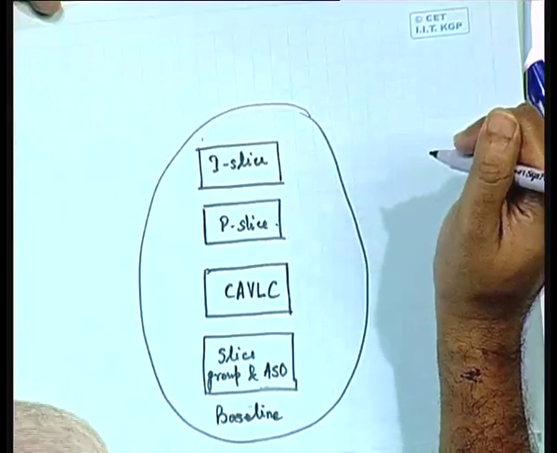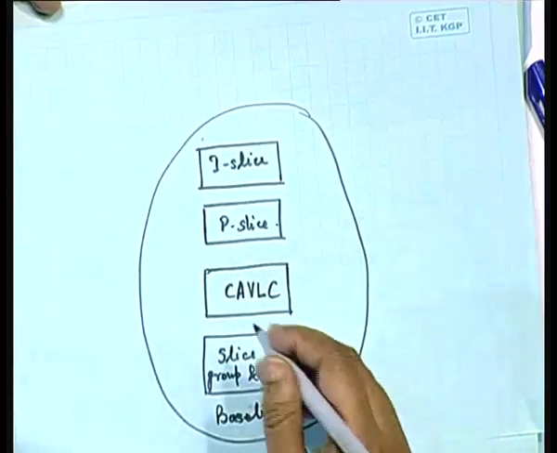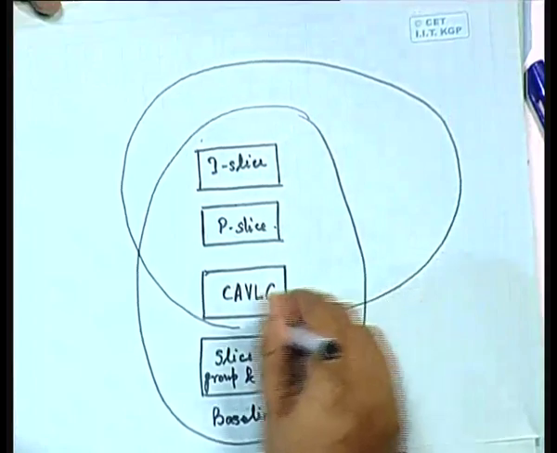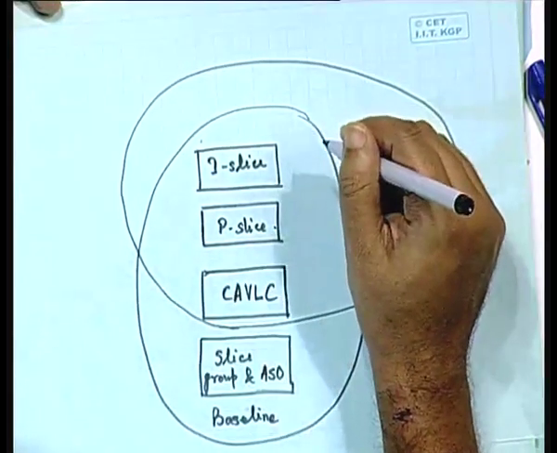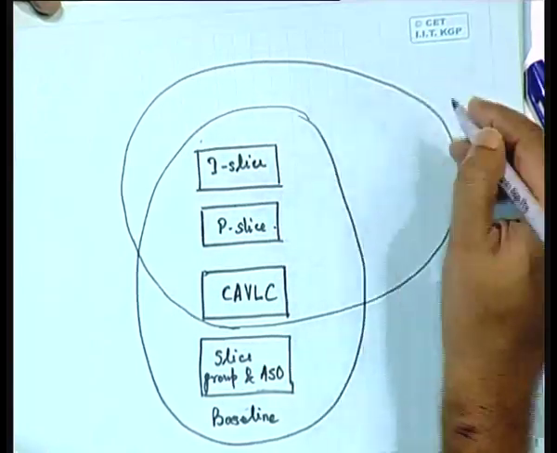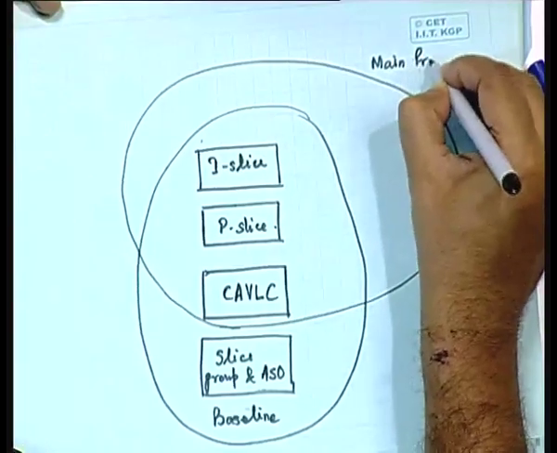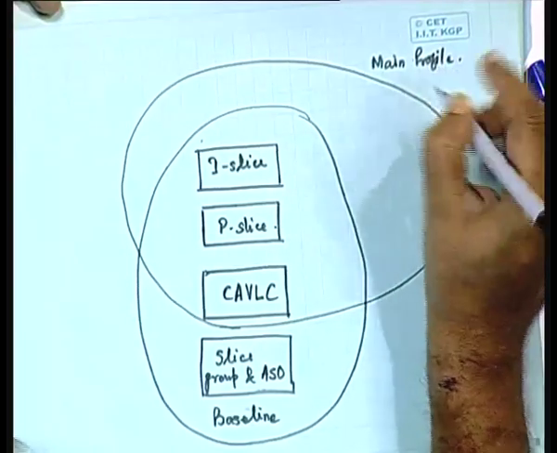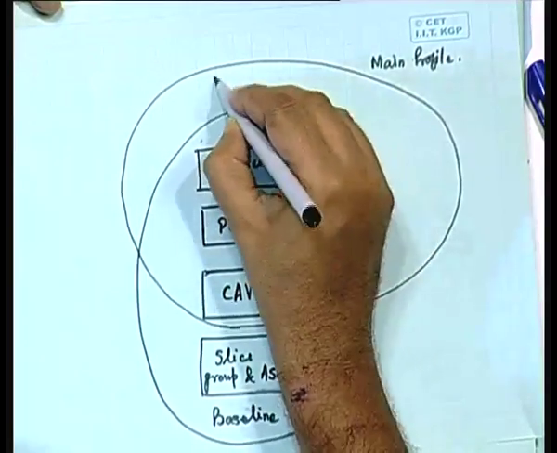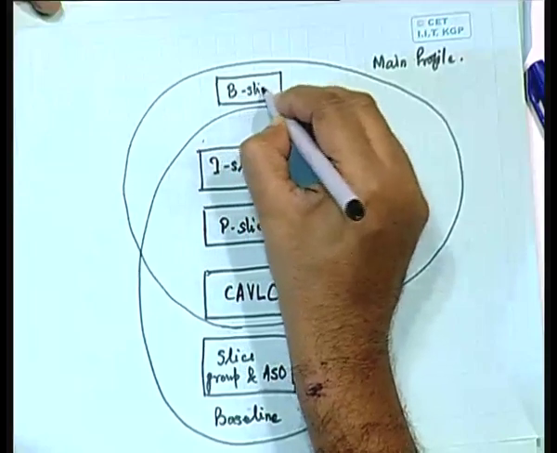Whereas in the main profile, the B slices are included. In fact, a B slice will not contain the slice group aspect. Now I am showing the major components of the main profile. In addition to I slice and P slice, it also supports the B slices.